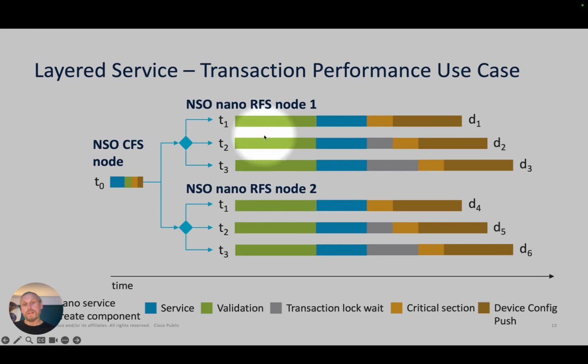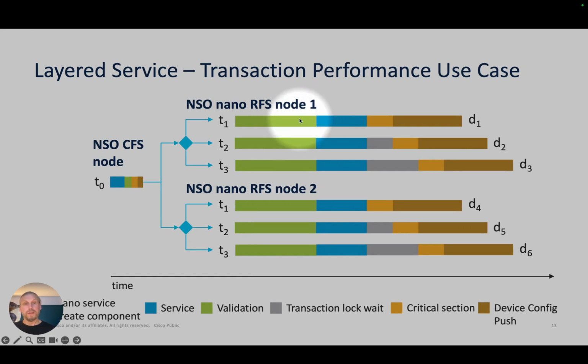Here we're running 3 transactions concurrently on each of these RFS nodes. So this means that the customer-facing service uses the layered service architecture to map its service to the RFS services on 2 different nodes here, and we have 6 devices being configured concurrently. But you can imagine we can expand on this.